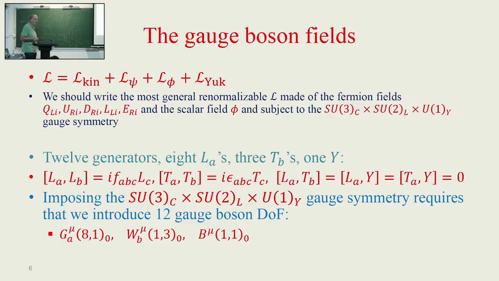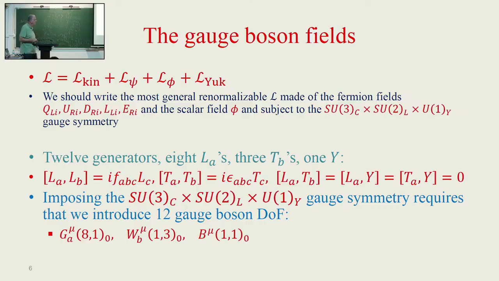F, A, B, C are the structure constants of SU3, known numbers. This is the algebra of SU2, the commutation relations of the generators of SU2, epsilon ABC, known numbers of the antisymmetric tensor. Generators of different factors in the product group commute with each other because they are from different groups.